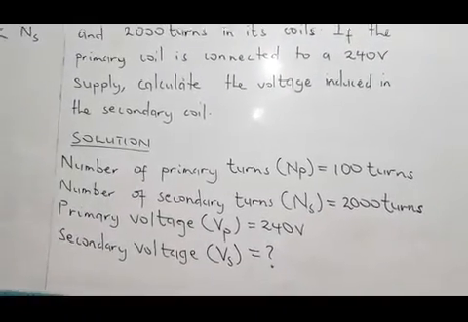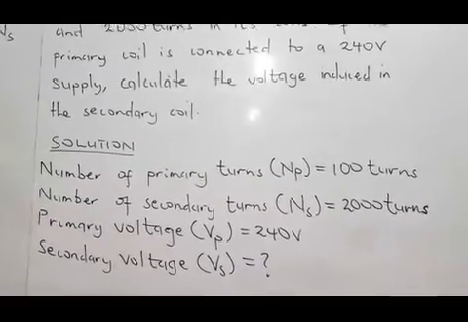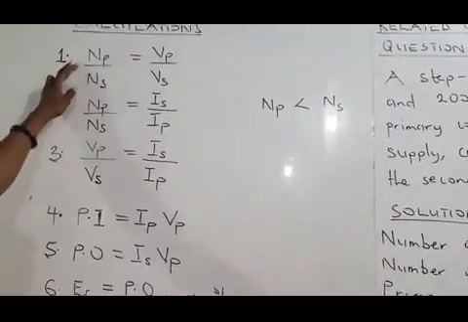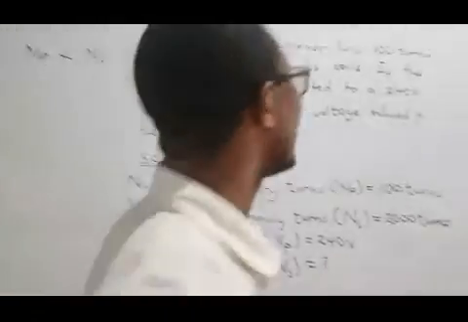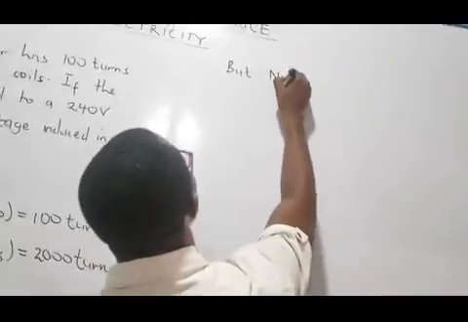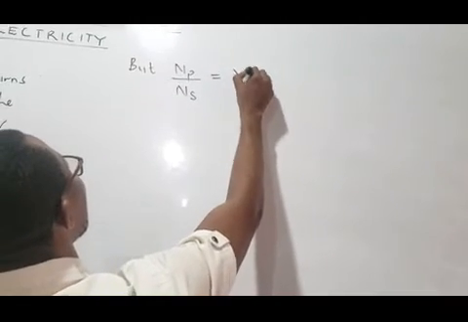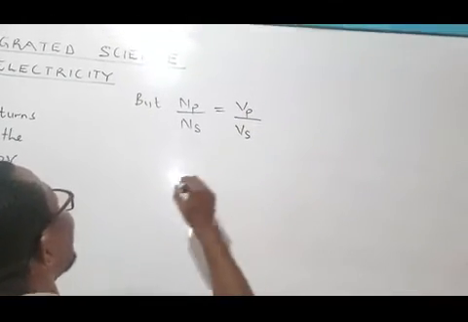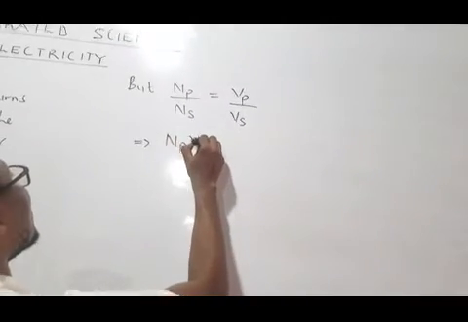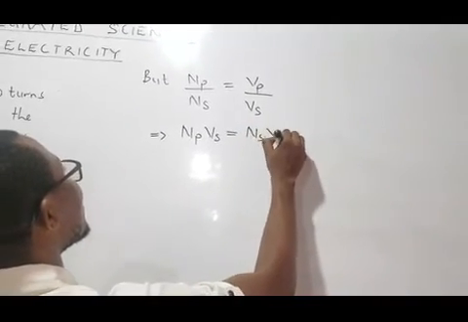So a question that connects the number of turns to the voltage. So we're going to use equation 1. Equation 1 connects the number of turns to the voltage. So using equation 1, NP over NS is equal to VP over VS. Cross multiply: NP times VS equals NS times VP.